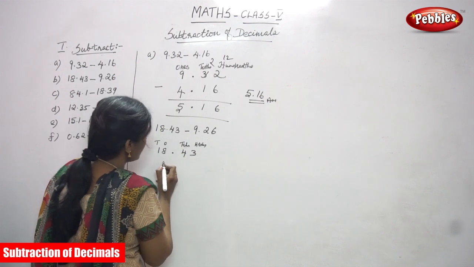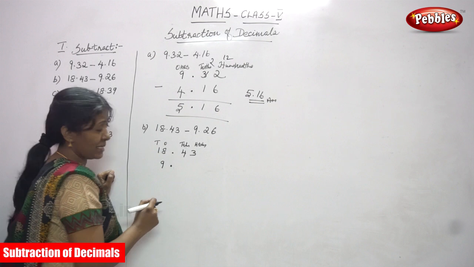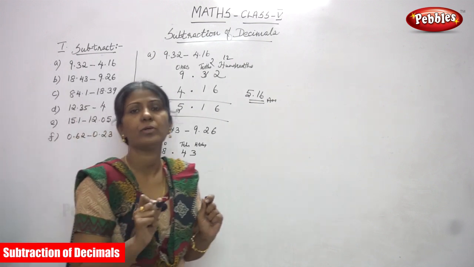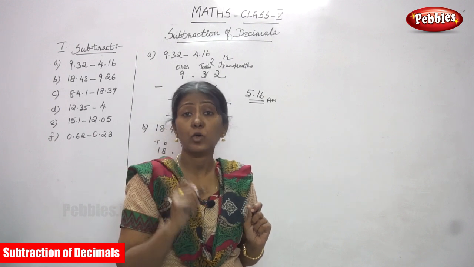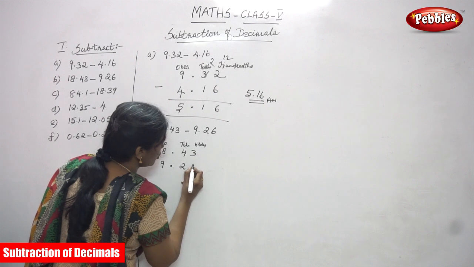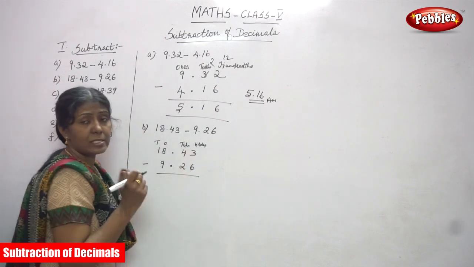The next number comes in the ones place because 9 comes in ones place. So always write the numbers very carefully according to the place value. 9.26 has a decimal part, and you always start with the decimal part.